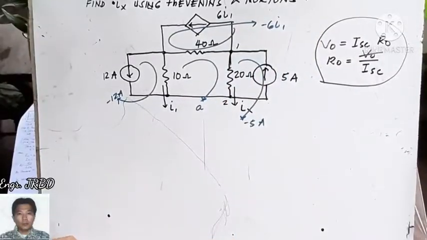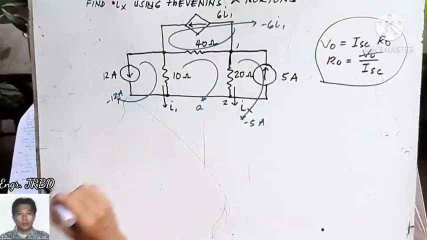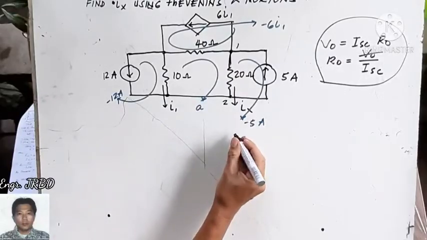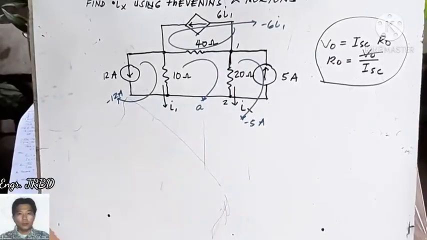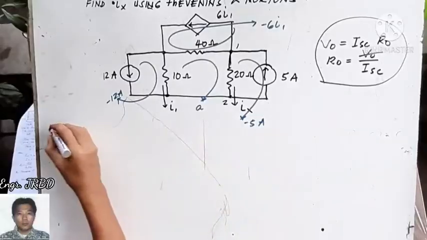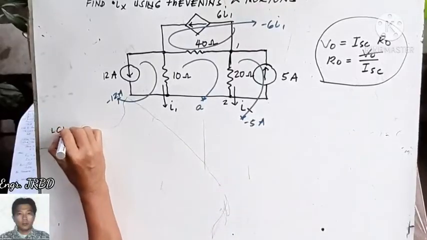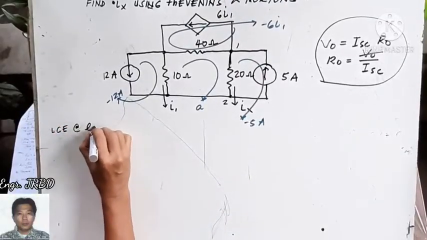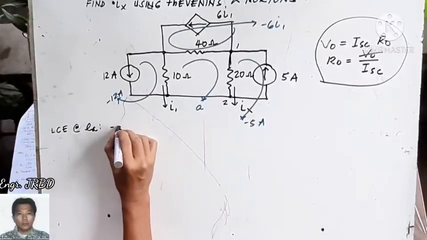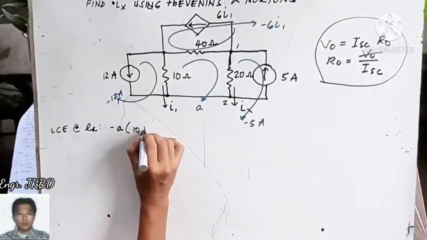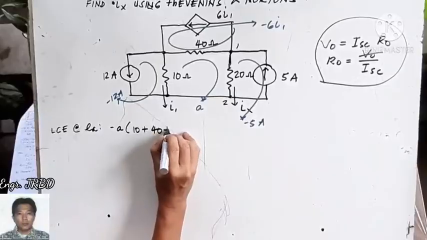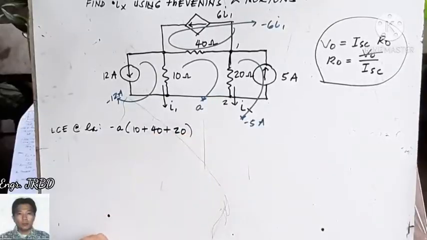Okay? So if we start by applying your loop current equation at loop A, that is negative A times 10 plus 40 plus 20, correct?